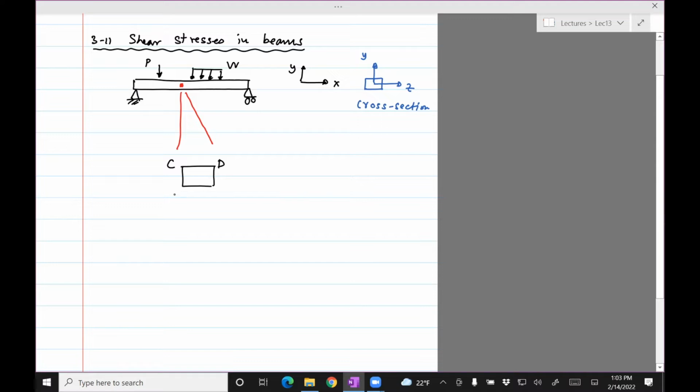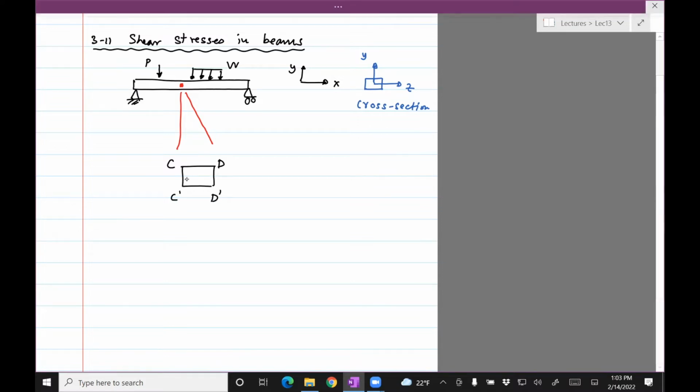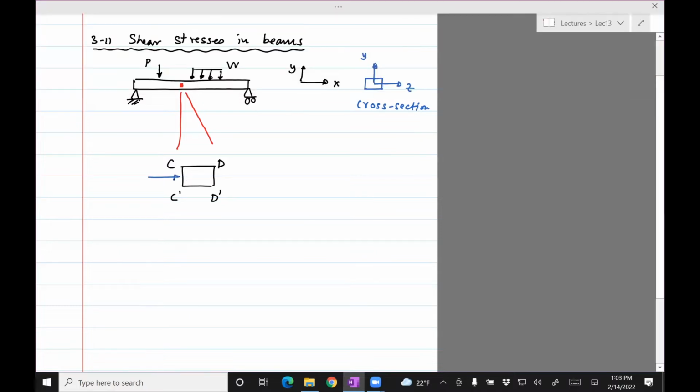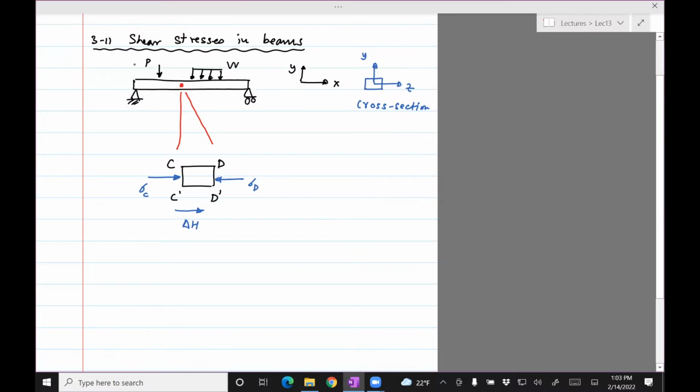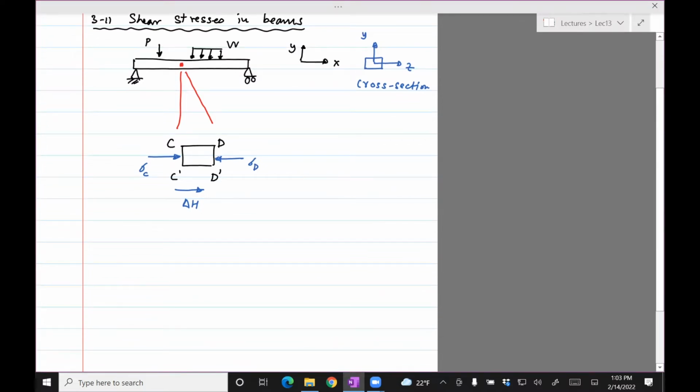Let's call the sides some names, C prime, D prime, sigma C, sigma D. So delta H is the net horizontal force, which is, think of that like the force which will shear that element, right? But it doesn't shear because it's held in place by something which is opposing it below it.